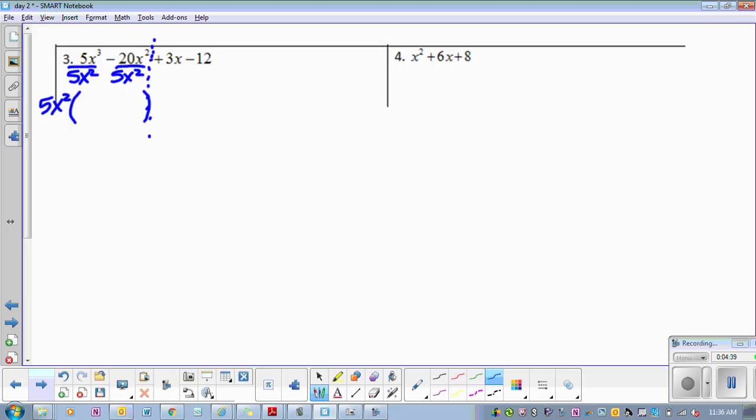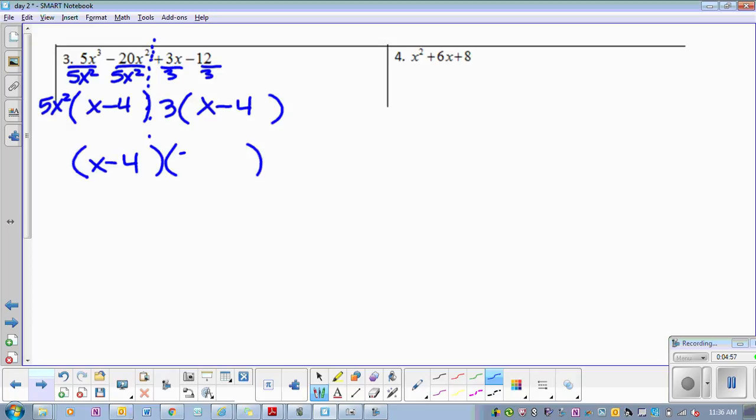Then it gives you x minus 4. X minus 4. And then on the right-hand side, 3x minus 12, what's my GCF? 3. And then x minus 4. So perfect, we did that correctly.